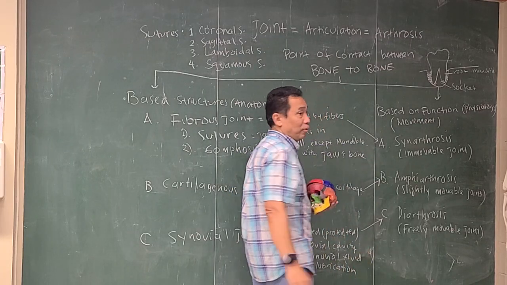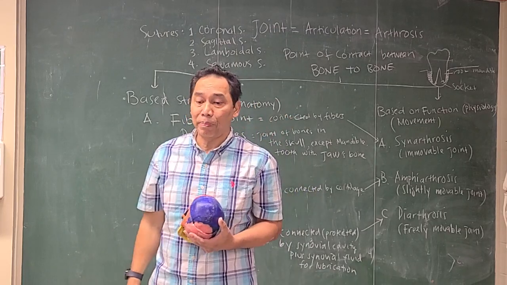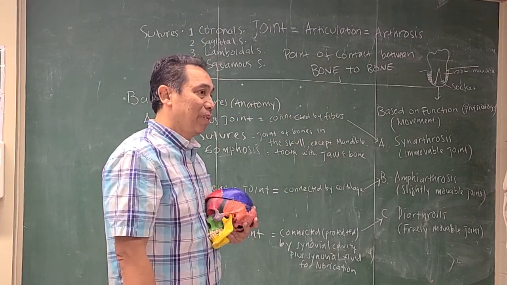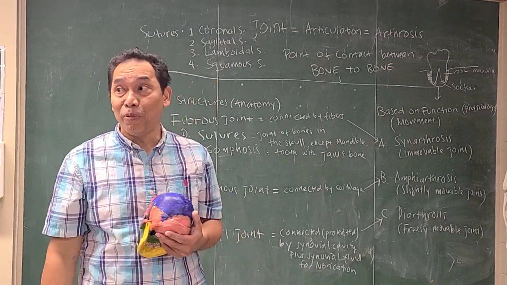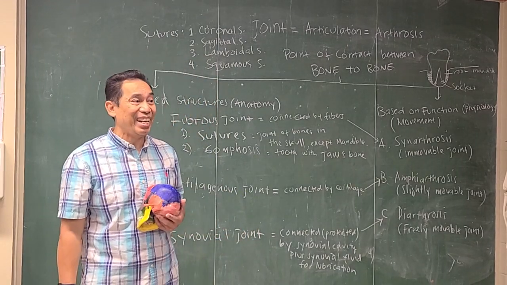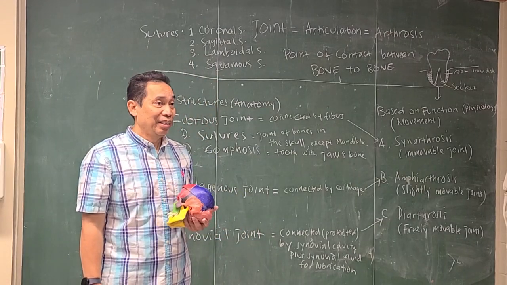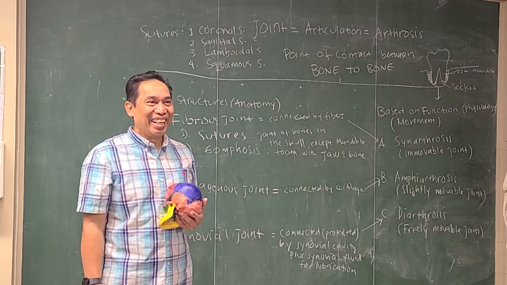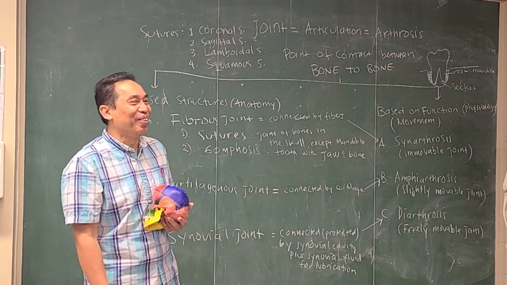The jaw bone, whether mandible or maxilla, has a connection or joint named what? Gomphosis. That's the name of the joint. Do they move? The teeth, after they come out together.